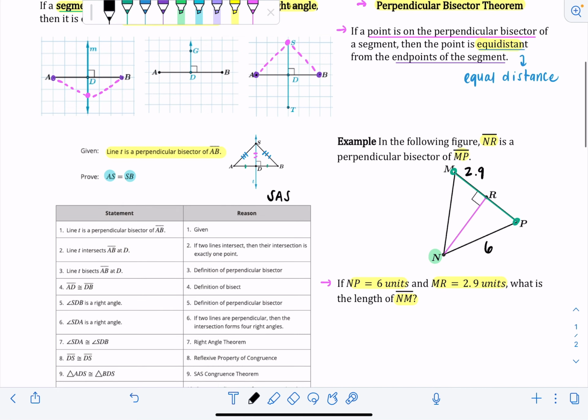So that means that NP is the same length as NM. So if NP is 6, then NM is also 6. So we say segment NM is 6.